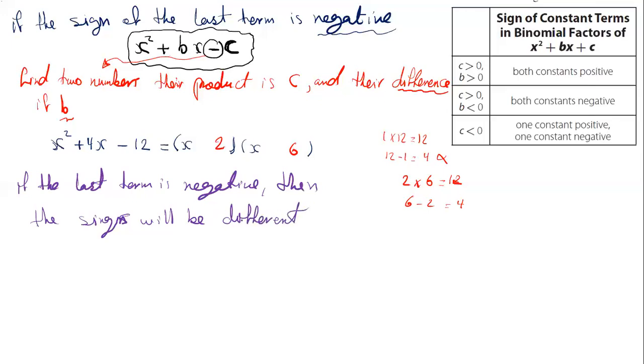Different means what? If this one is positive, the other one is negative. If this is negative, the other one will be positive. So the signs will be different.